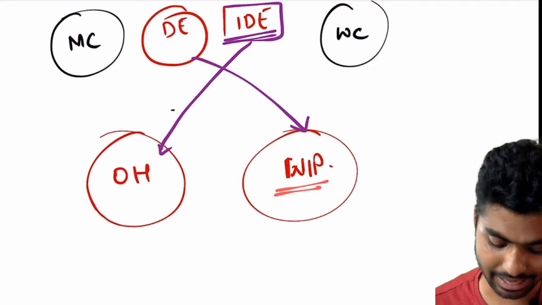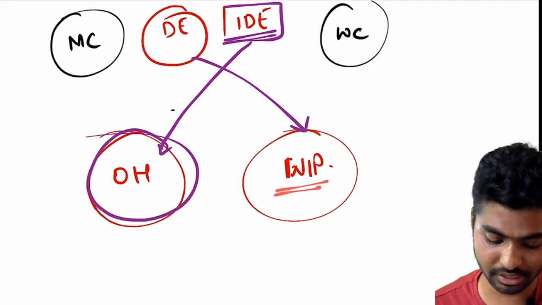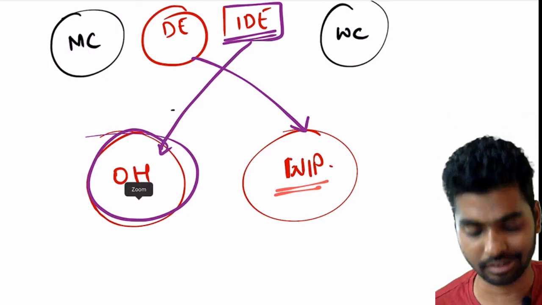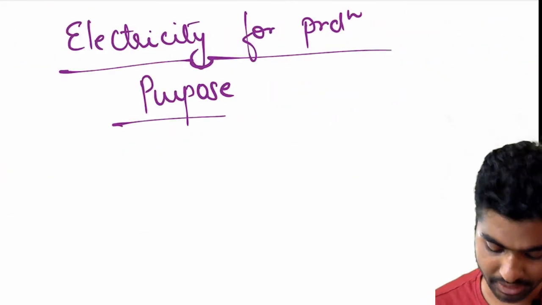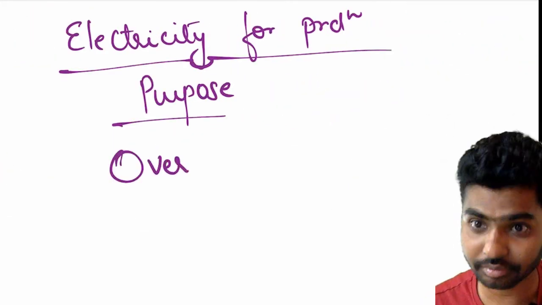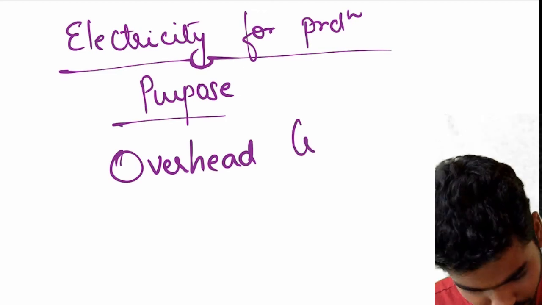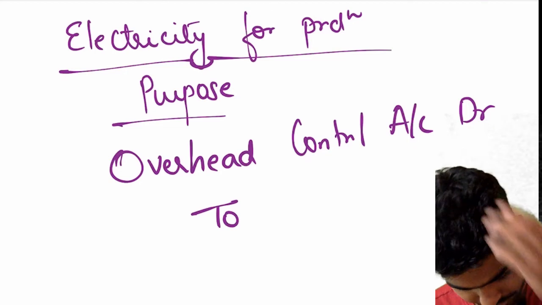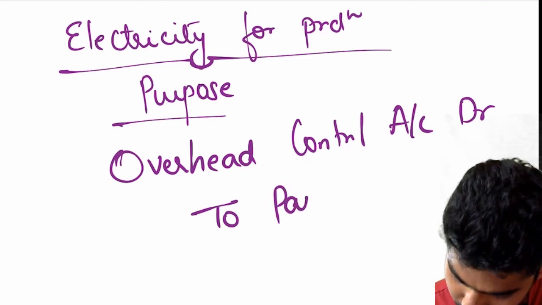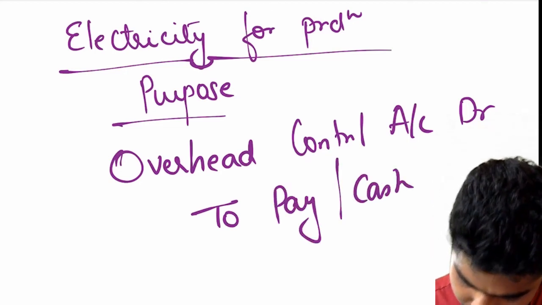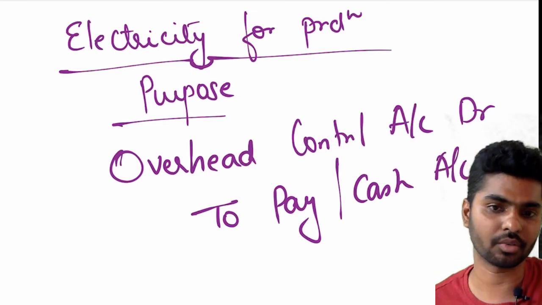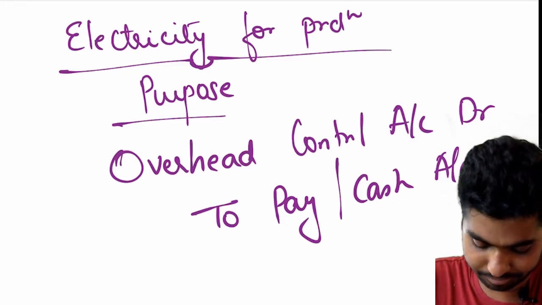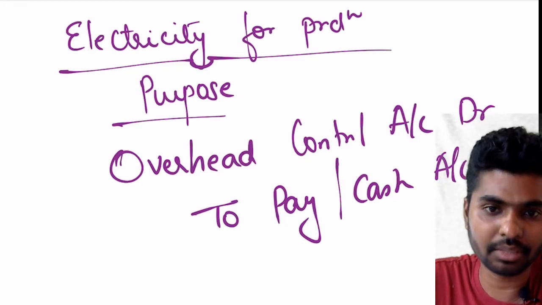And I said any indirect expense, because it is neither part of material nor part of wages, I will directly give an effect to the overheads account. So my journal entry becomes overhead control account debit to payables or cash account.